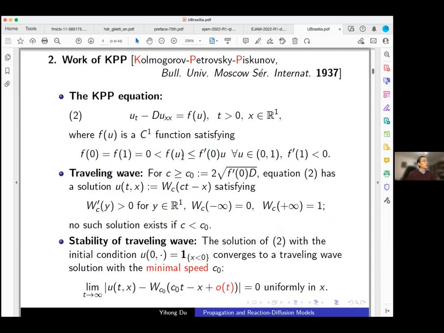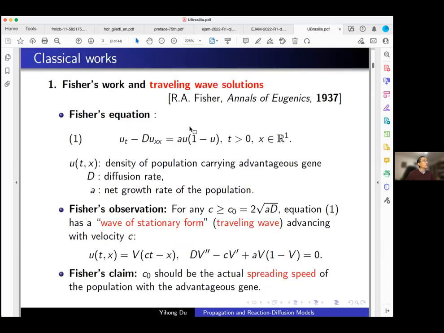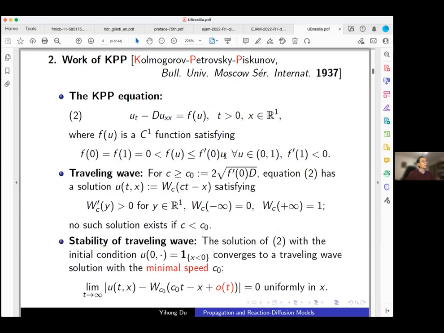And of course, the one used by Fisher, we call Fisher nonlinearity, satisfies these conditions. And they proved a similar result for c greater than or equal to a particular value c0. Now because they use f, instead of a, they have the derivative of f at 0. For c greater than or equal to this value, they can prove that equation 2 has a traveling wave solution with the speed c.